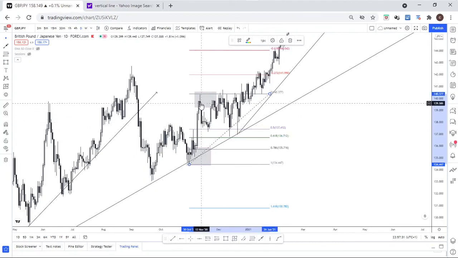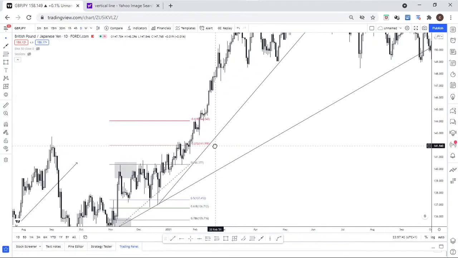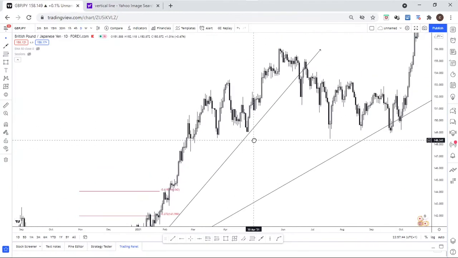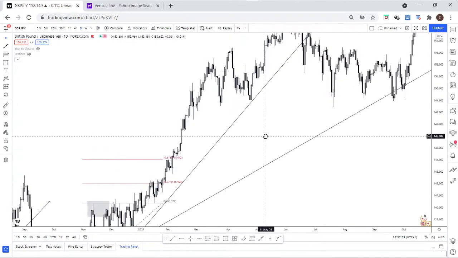What we saw here is that after this high was established, the market came down to this 50 retracement zone before bouncing off to make a new high. So as simple as that, you can simply establish your Fibonacci like that.